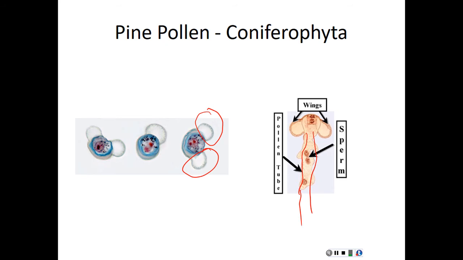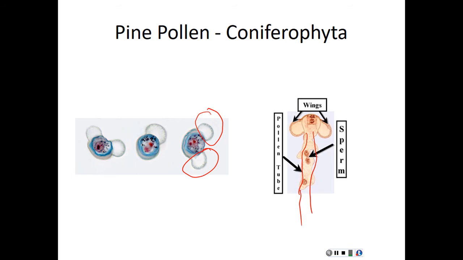In addition to having an increasing dominance of the sporophyte, another trend we see in the evolution of plants is an increasing independence from water. One of the things that made seed plants so successful is that the structure of their pollen and these pollen tubes allows them to be independent from water for their reproduction. They don't have to have a droplet of water.